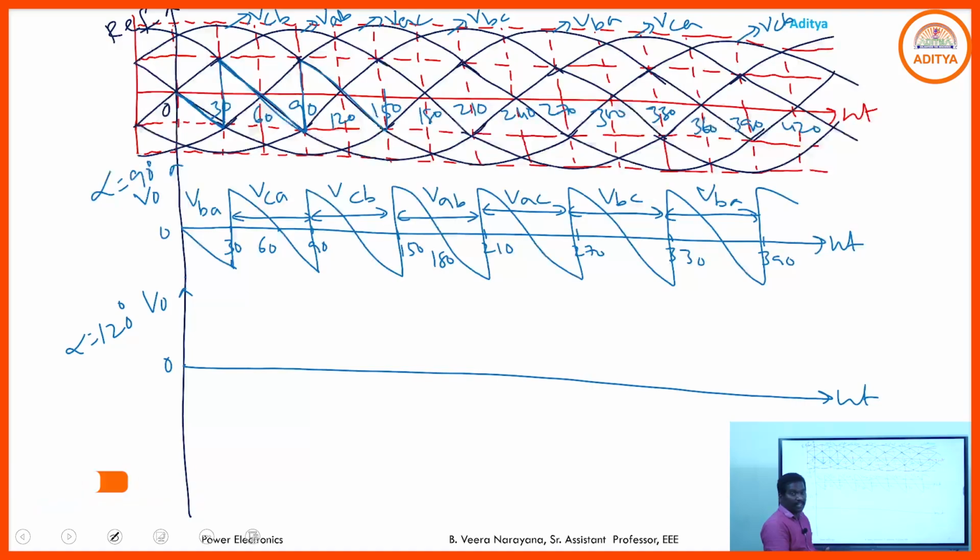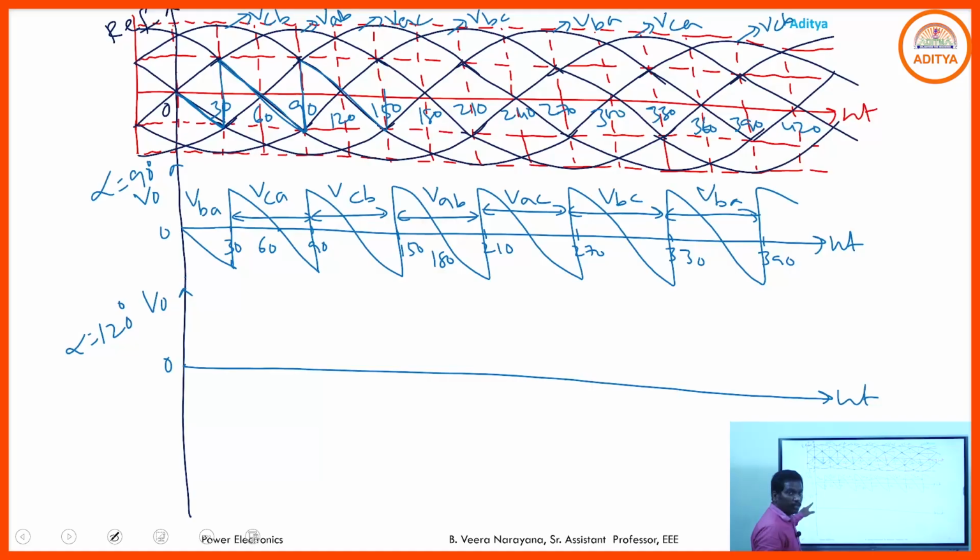If you have a high value of inductor, then you get these continuous pulses. That means up to the next instant, see VAB up to 210, the negative portion is available from 180 to 210. Before 210, if the SCR goes to the off state, then that is discontinuous conduction mode. Later we will discuss that. First we concentrate on continuous conduction mode.